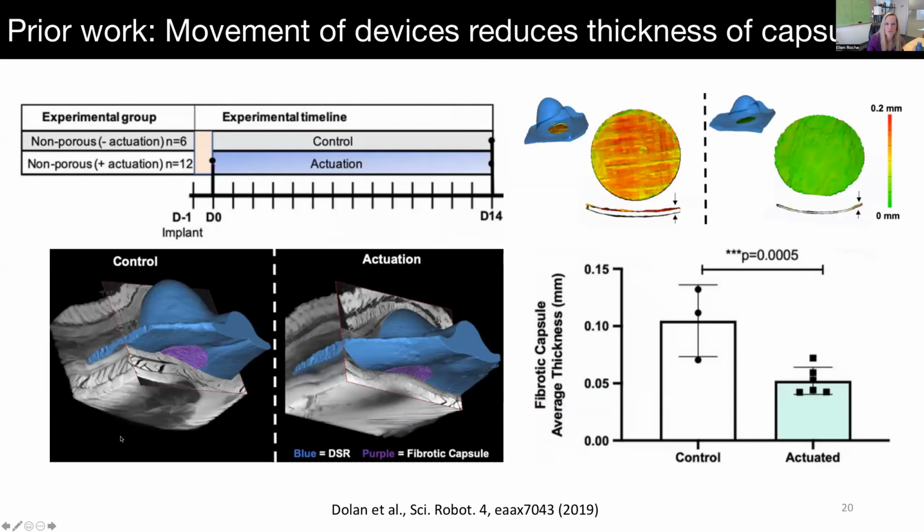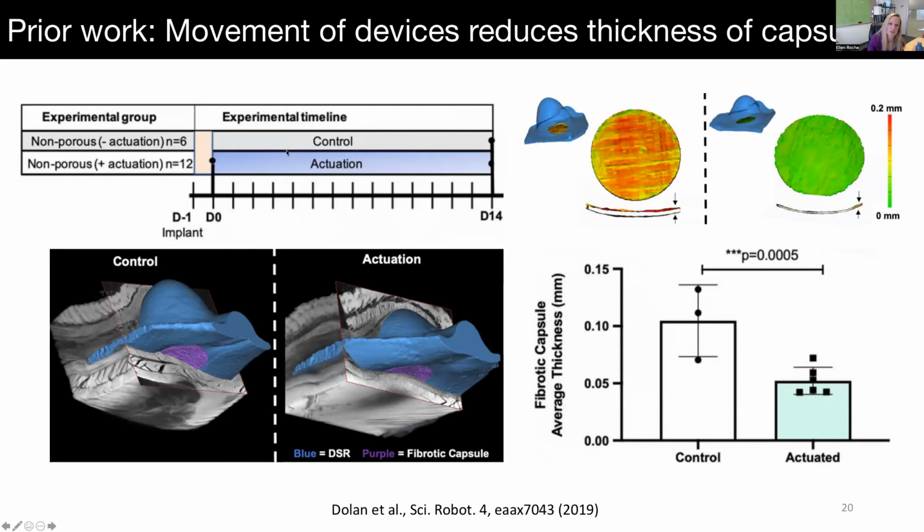Previous work in our group, we used simply mechanical actuation, intermittent mechanical actuation over time, to modify the fibrous capsule response to implantable devices. So in this first proof of concept study, we did 2 weeks, and we implanted a reservoir subcutaneously in a rat model.